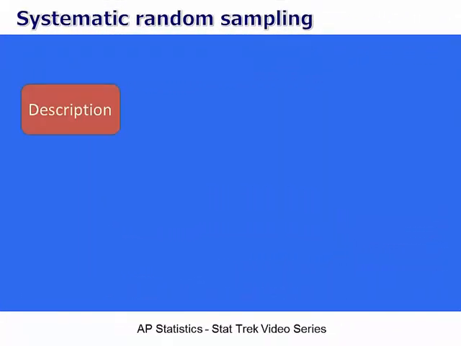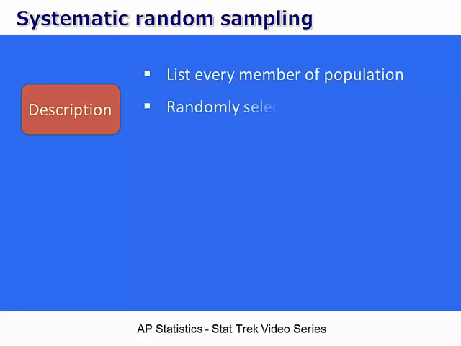And finally, there's systematic random sampling. With this method, we create a list of every member of the population. Then, from the list, we randomly select the first sample element from the first k elements on the population list.